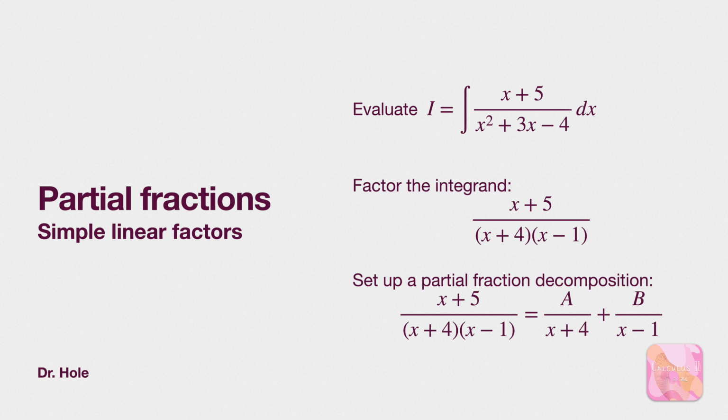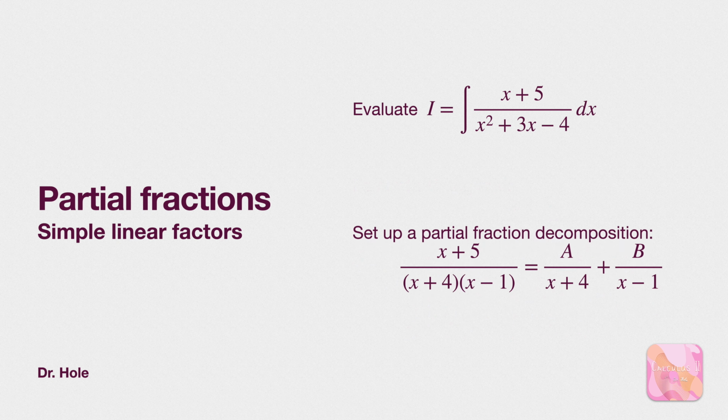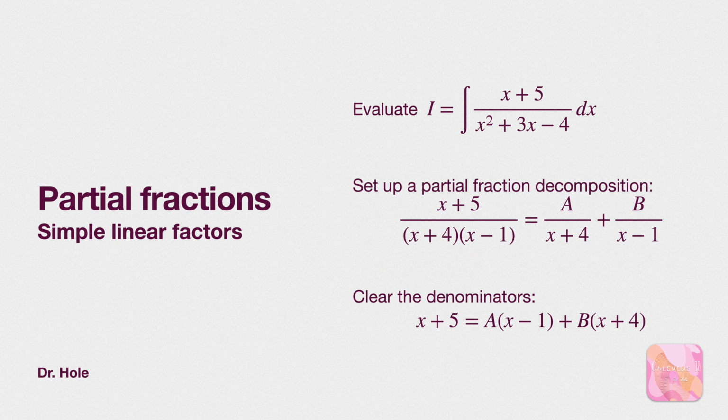And our job is to determine the coefficients a and b. Well, let's go ahead and get rid of the denominators. So x plus 5 will equal a product x minus 1 plus b product x plus 4.